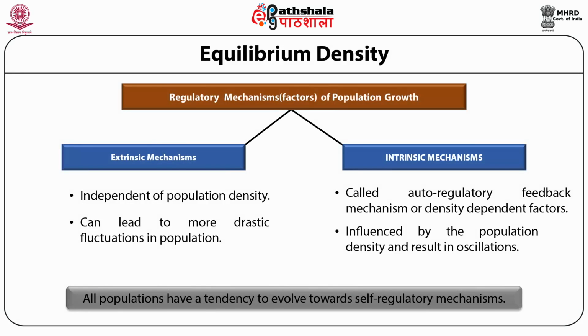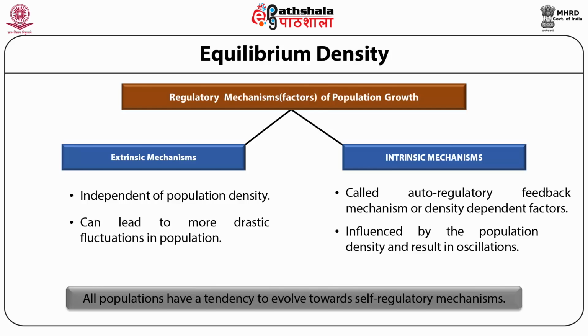Another way of classifying the population regulatory mechanisms is extrinsic mechanisms and intrinsic mechanisms. The extrinsic mechanisms or factors are regulatory factors independent of population density and can lead to more drastic fluctuations in a population.